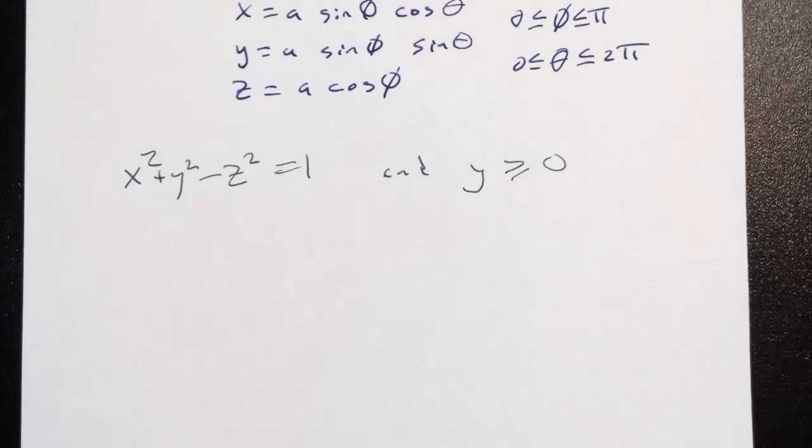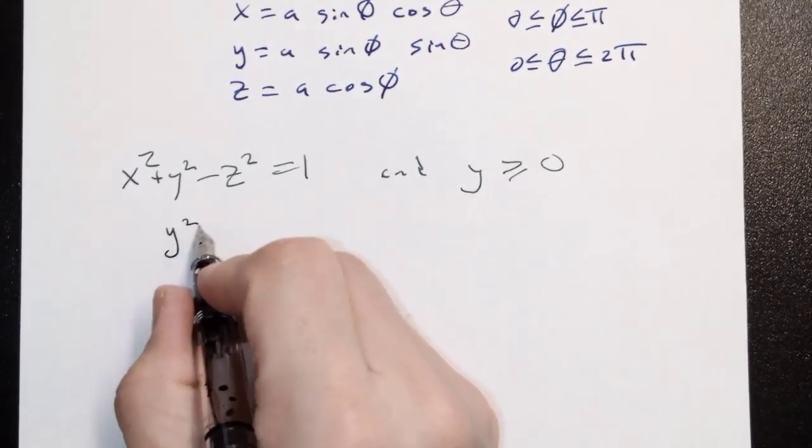I don't have a parametric set of equations for it here, do I? But that's still a surface. The surface of that hyperboloid of one sheet is itself a two-dimensional manifold. I should be able to write it in terms of two letters. But of course, if I know y is bigger than or equal to 0, I can take this equation and solve for y.